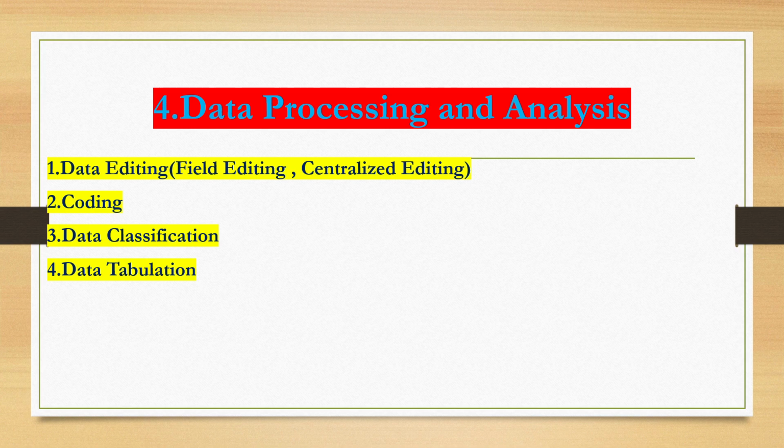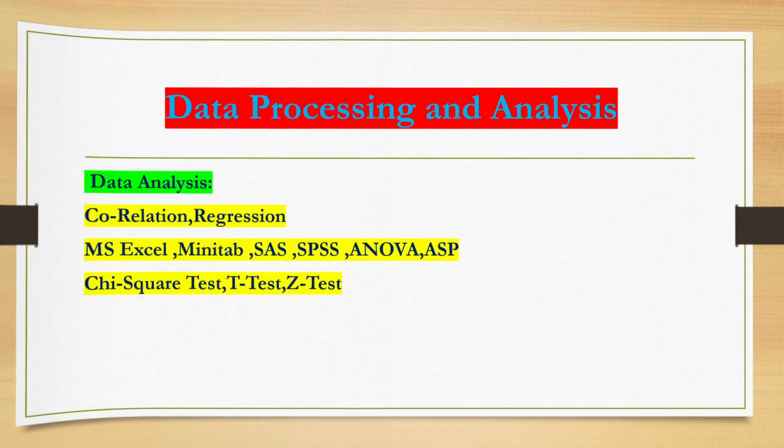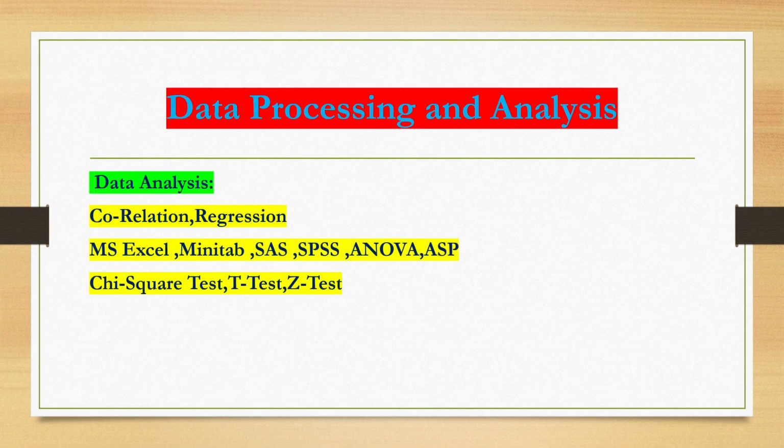So once we tabulate the data in a particular format in an Excel sheet, now this data is ready for analysis. This is called processed data. So under this fourth step only, we analyze the data. Analysis includes correlation, regression, using MS Excel, Minitab, SAS, SPSS, ANOVA.